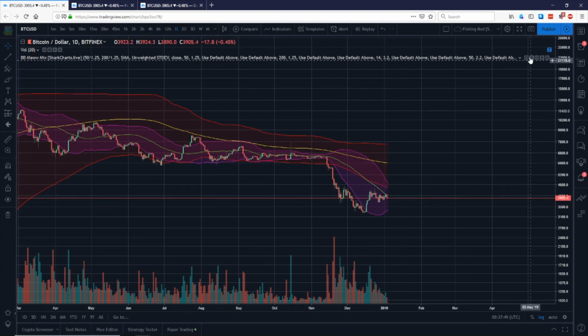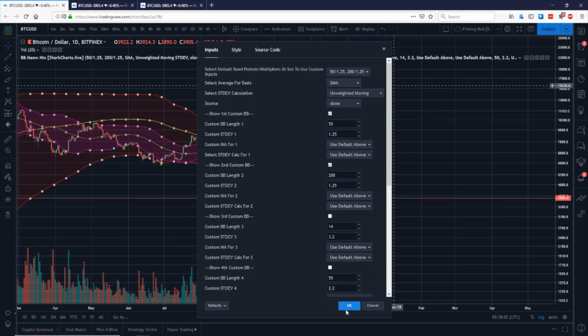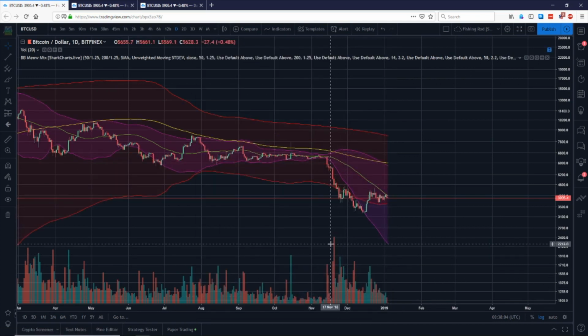Moving replicates a functionality that I've seen used in other strategies, particularly volume-based strategies, where instead you're looking at a moving calculation of standard deviation, where it's looking at each bar in the look-back period and calculating a standard deviation at that point relative to its current average.